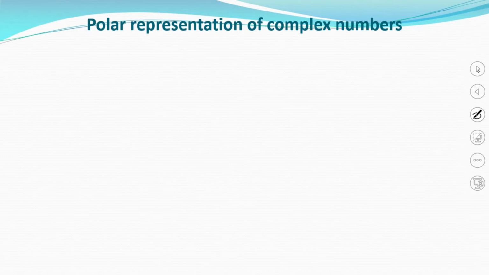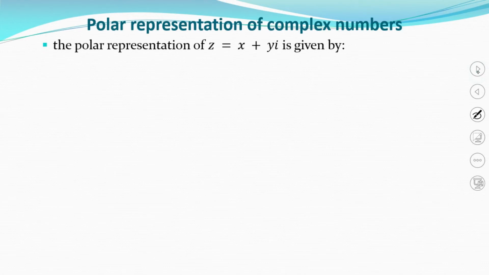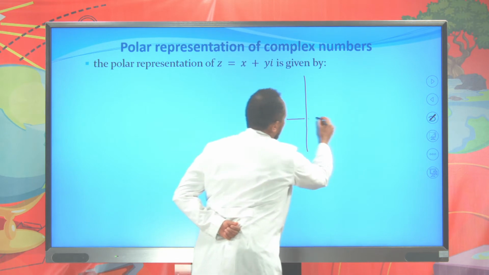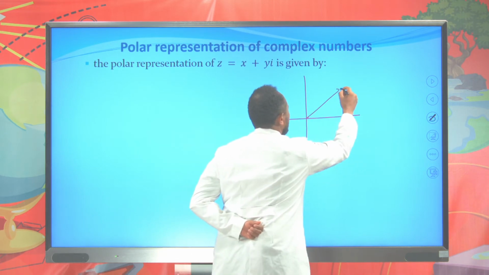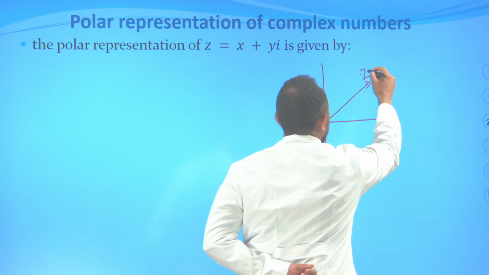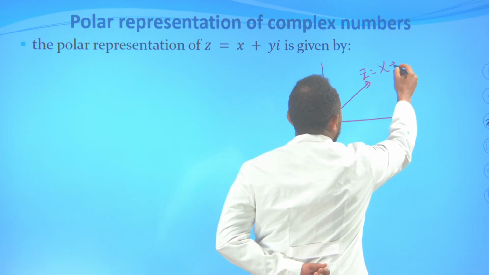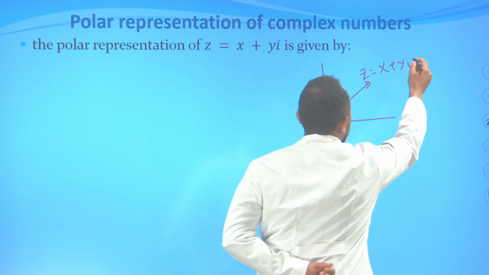Okay, the next part is the polar representation of complex numbers. Let's derive the formula of the polar representation of a complex number. Let's have this complex number z, which is equal to x plus yi.